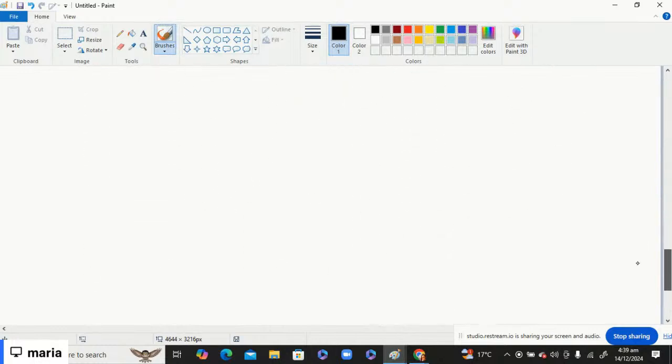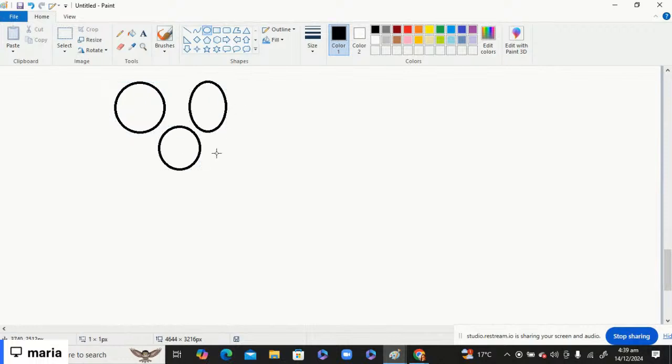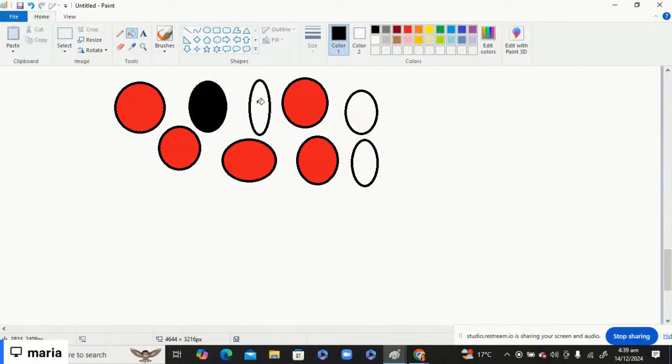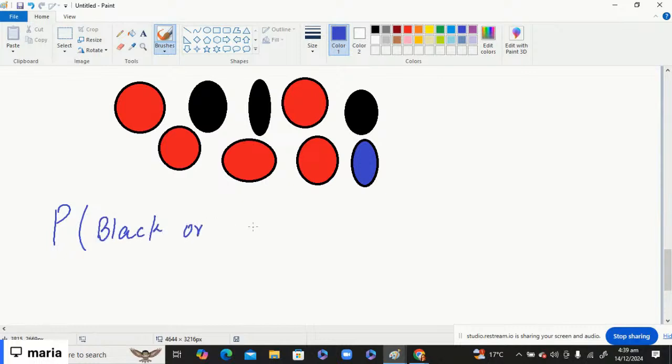Alright, let's do one more question. For example, here are the marble balls, and they're asking for the probability of black or blue.